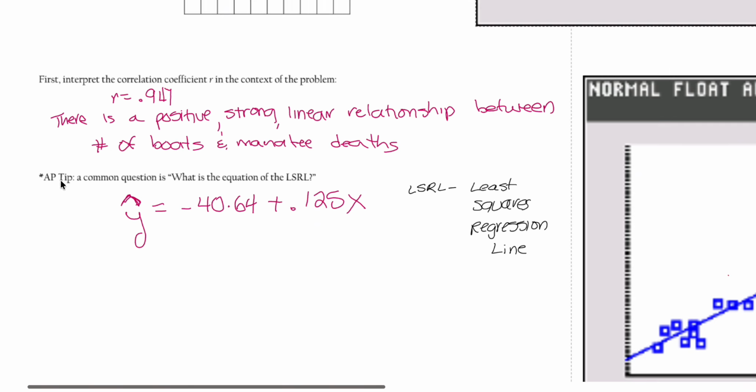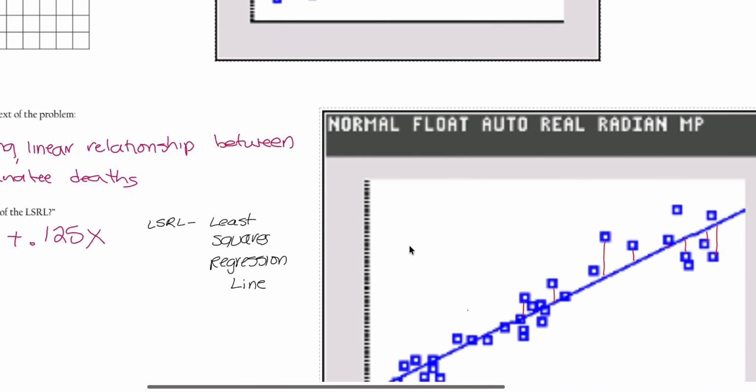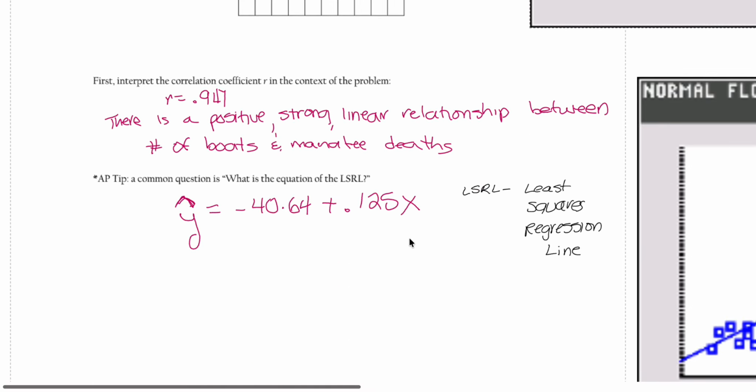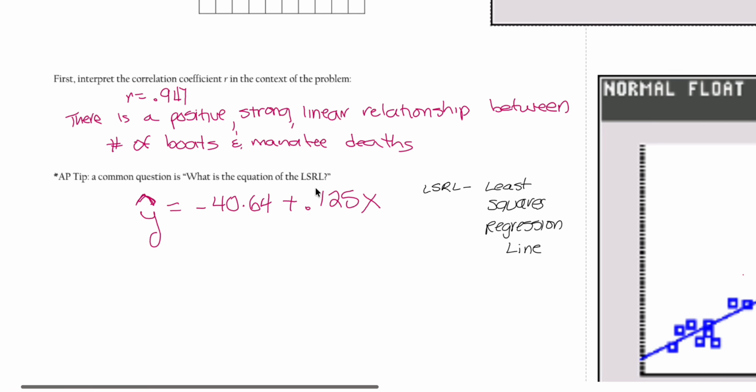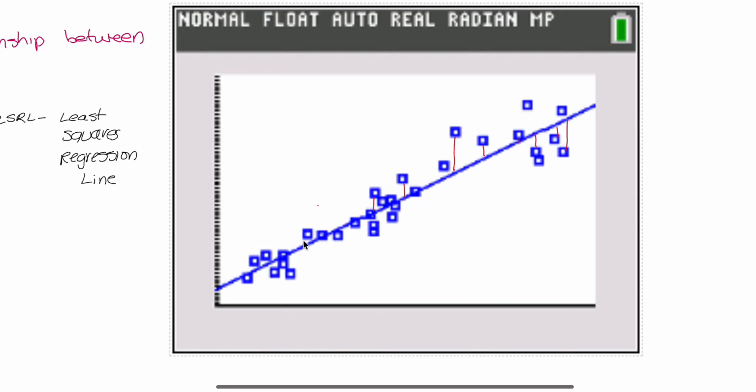And an AP tip right here, a common question is, what is the equation of the LSRL? It's pretty much like y equals ax plus b. Instead, the b will be negative 40.64, which you can basically get from the data, and this is our a value. So LSRL is the least squares regression line, and this is the line of best fit right here.